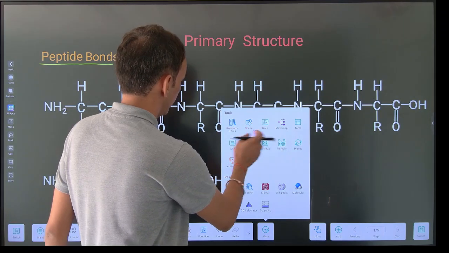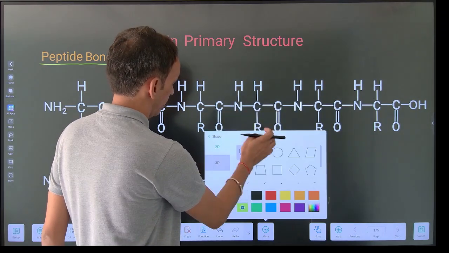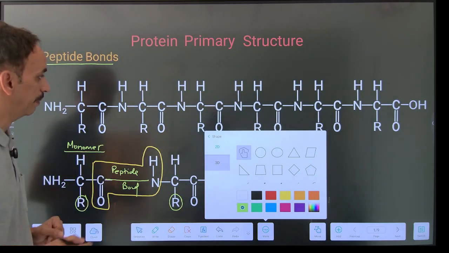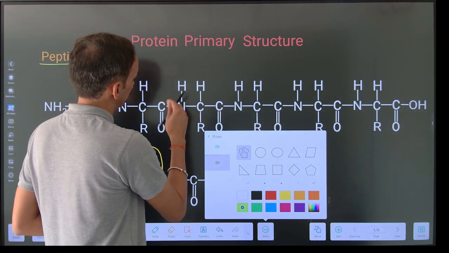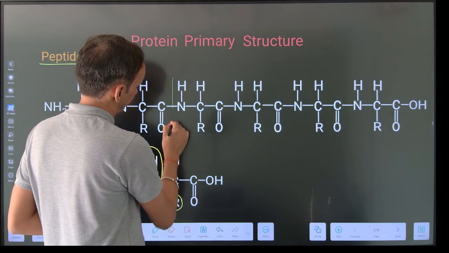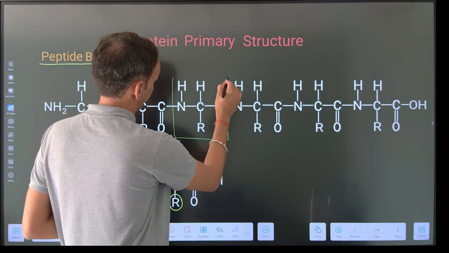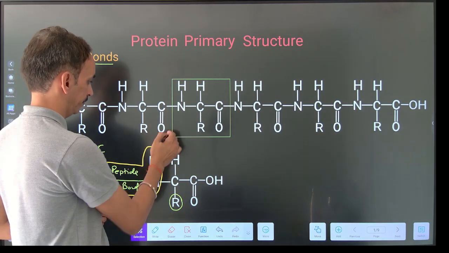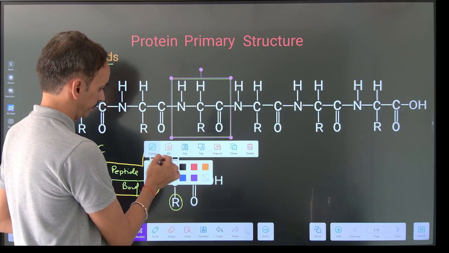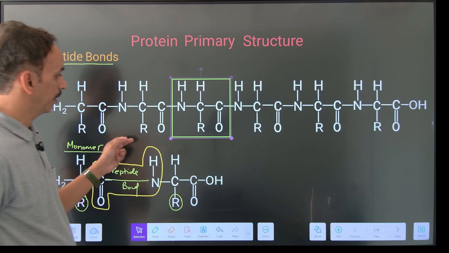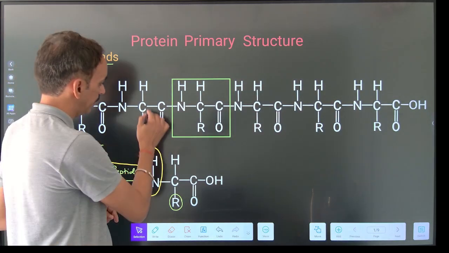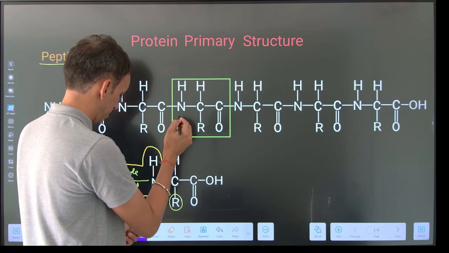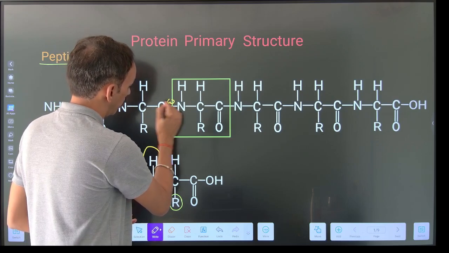Now if we take an amino acid from this polypeptide chain, suppose we are taking this amino acid. Now this bond is the peptide bond, which is known as the omega bond.